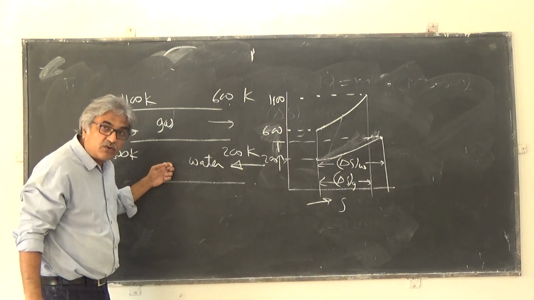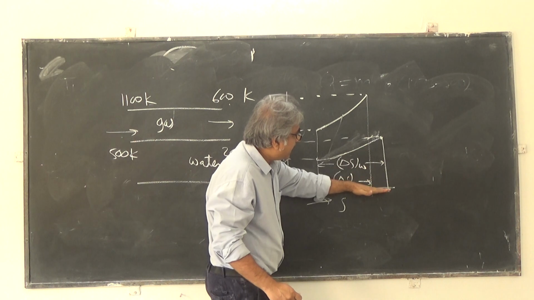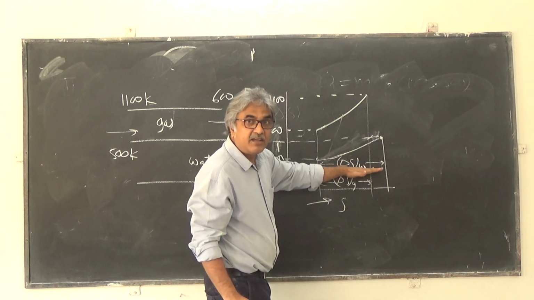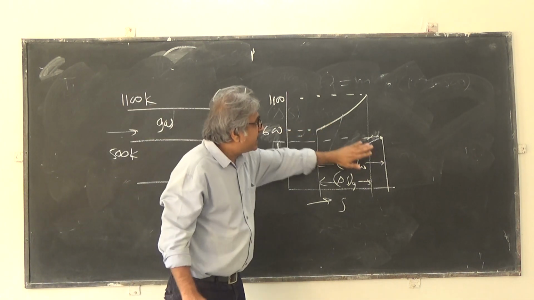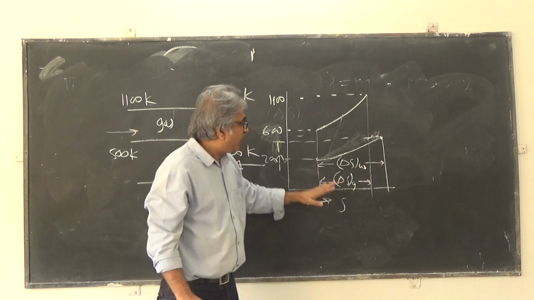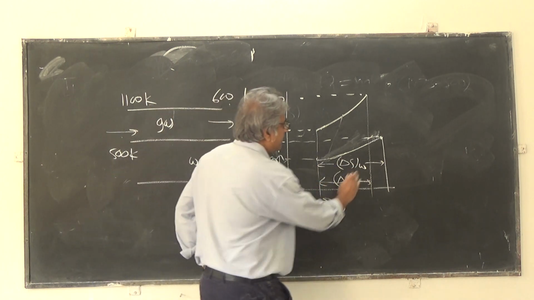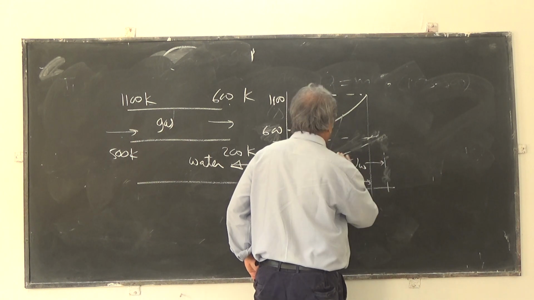What is the heat received by the water? That will be, this is the water heating. So this entire area will be the heat received by water. These two areas will be exactly same. Okay, these two areas will be exactly same. Although they might not seem so here, so I might do a little change.